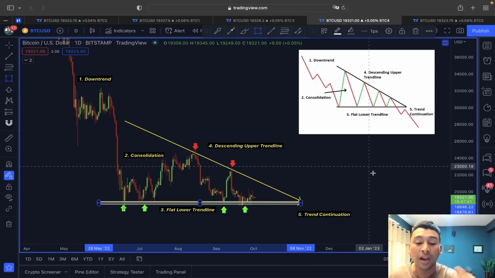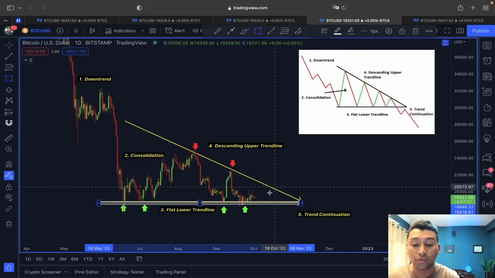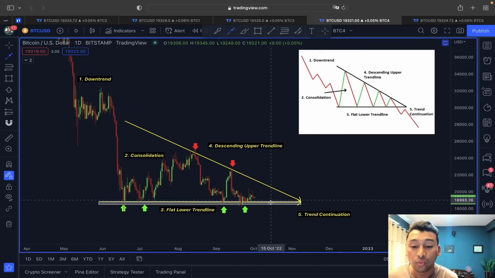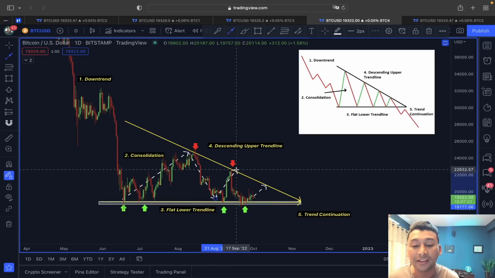So what we are actually expecting, if we do manage to flip this resistance or the center line from this descending channel into support, then this trend is going to see this reversal towards this 21,000 range, and also this one formation is going to play out perfectly. I mean, the price of Bitcoin right now is consolidating inside the descending triangle.